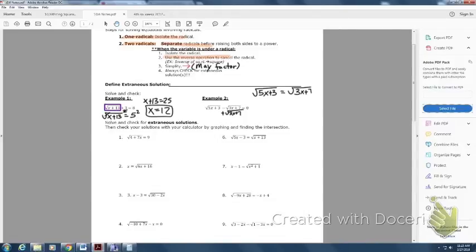And remember, these should be easy ones, because to get rid of the radical, I've got to square it. Well, I've got to do it to both sides, so both radicals are gone. So I've got 5x plus 3 equals 3x plus 7. And then I would just solve for x. So x equals 2.